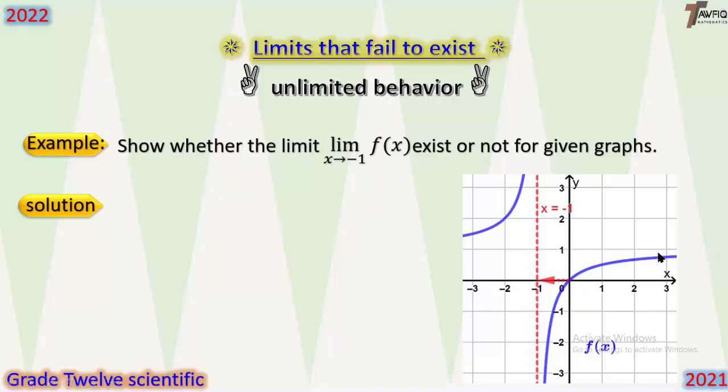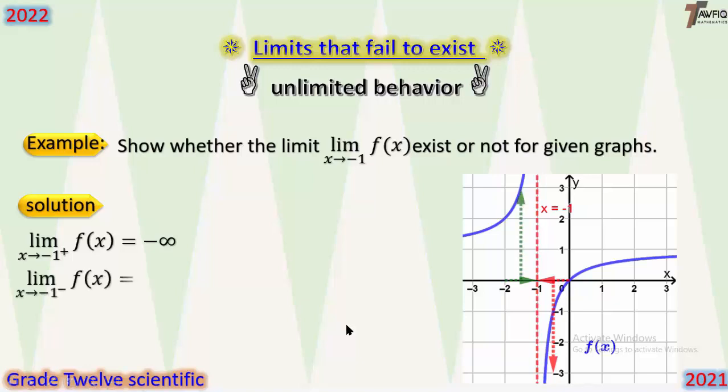Therefore, the right limit is minus infinity. And when we approach from the left, the function goes up. That means increasing without bound. Therefore, the left limit is positive infinity. The limit does not exist.